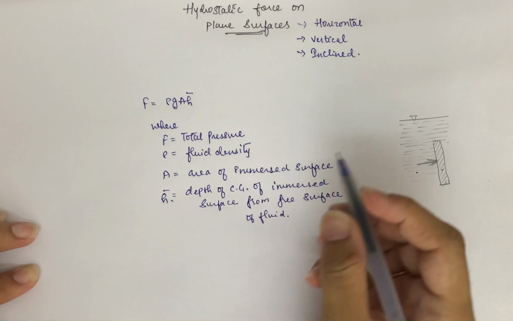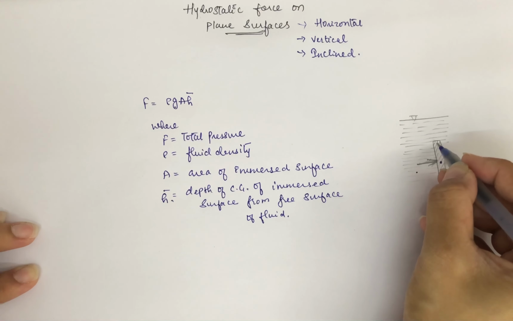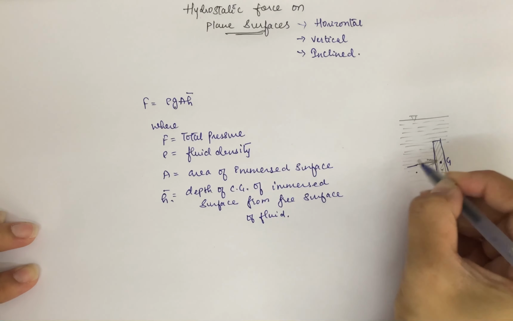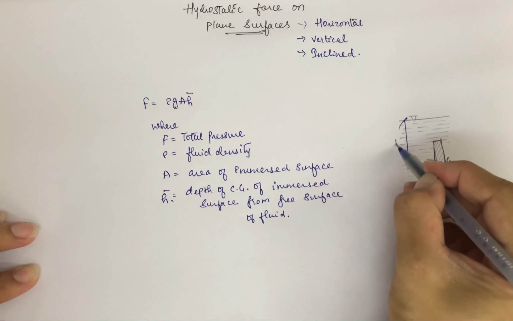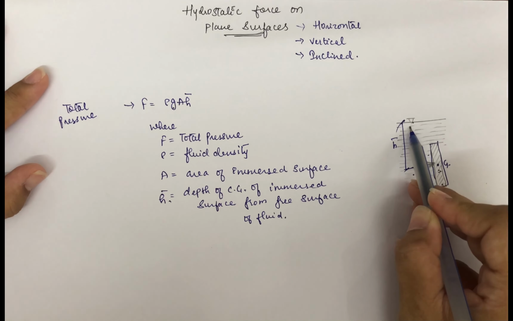So what is h bar? If this is the center of gravity G of this vertical plane surface, then h bar will be the depth of this plane surface from the free surface of fluid.